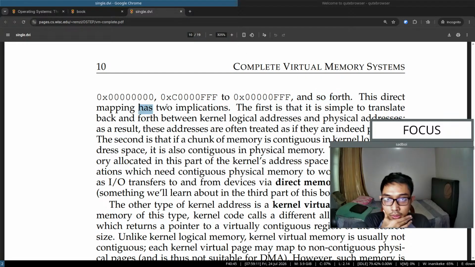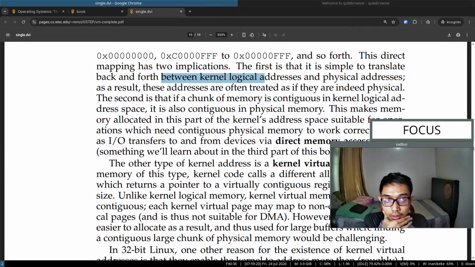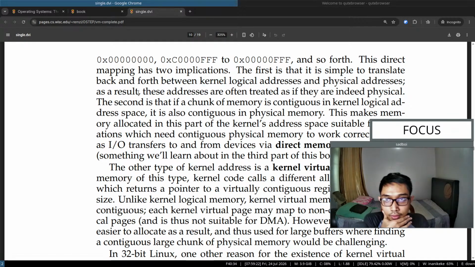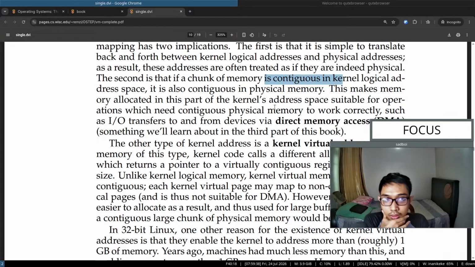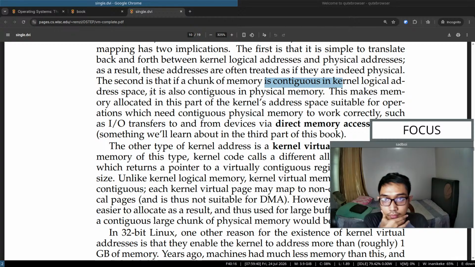This direct mapping has two implications. The first is that it is simple to translate back and forth between kernel logical addresses and physical addresses. As a result, these addresses are often treated as if they are indeed physical. The second is that if a chunk of memory is contiguous in kernel logical address space, it is also contiguous in physical memory.